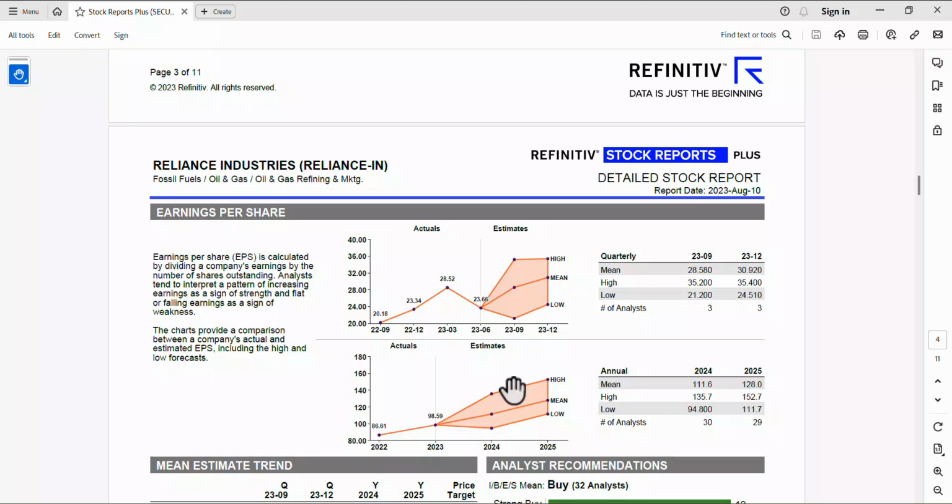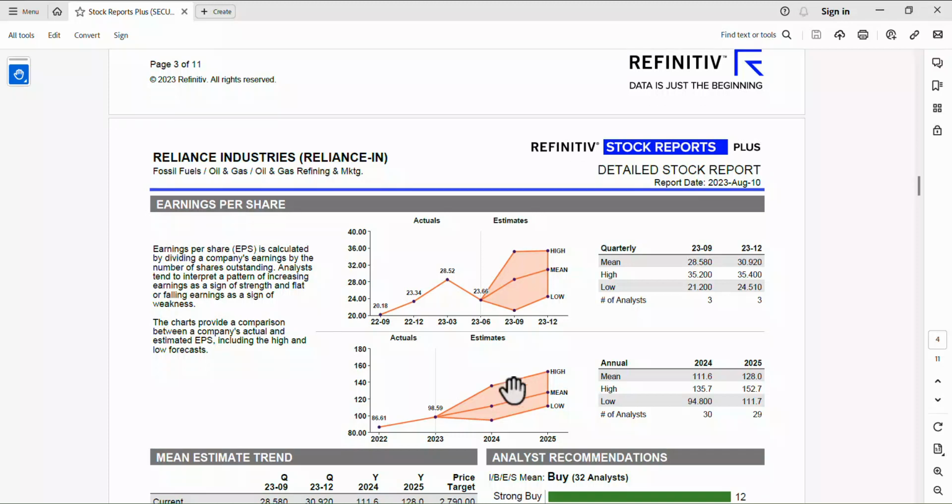So it says the mean average is that in 2024 it will go to 111 and in 2025 it will go to 128. So EPS is growing, which is a good sign. Despite not performing so well, the analysts are saying on an average the earning per share of this company is going to go to 128 rupees from a current level of 100. So there is a 28% increase in earning per share in the next 2 years, which is a good number here. Okay.